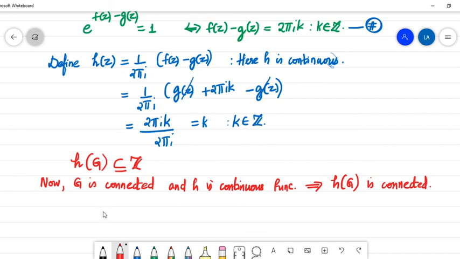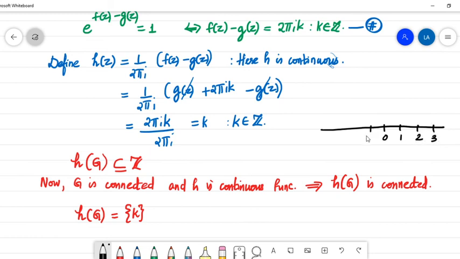So what does that mean? To be very specific, h of G will be nothing but a singleton set, because here h of G has to be connected. Note that the integers will be like this: 1, 2, 3, minus 1, minus 2, minus 3, like that.